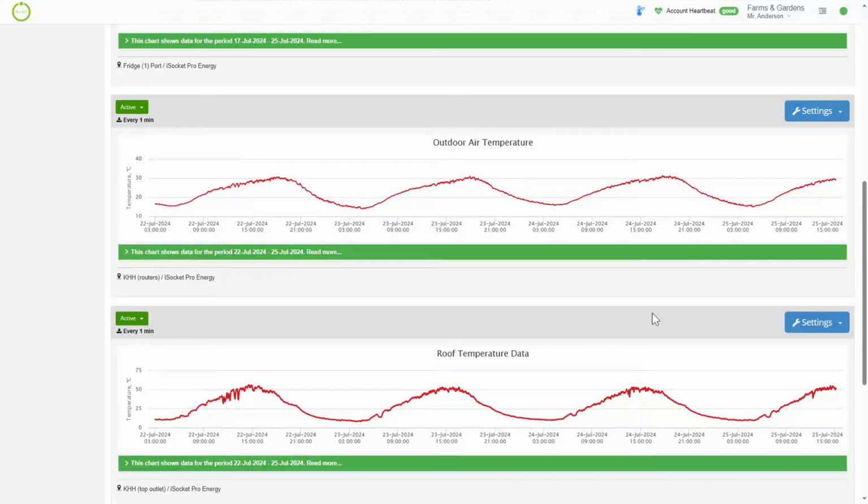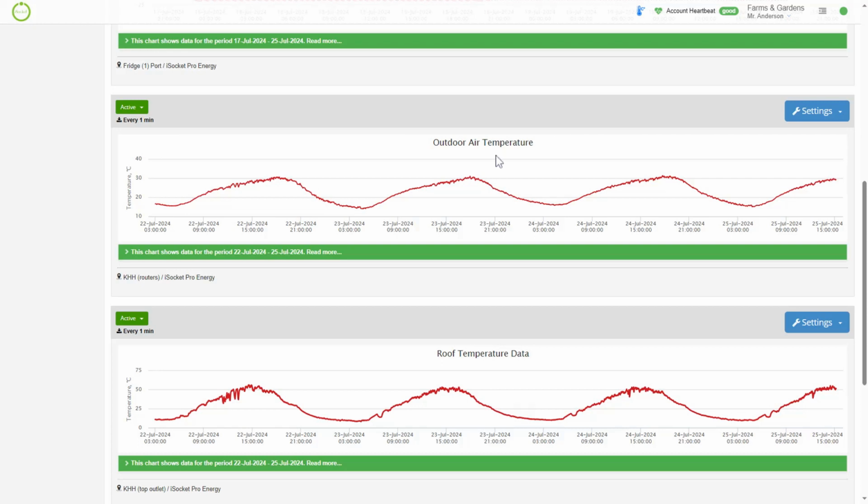Outdoor air temperature. So look, it's like that, quite a normal profile for the last 3 days. Like in Finland, we have 28, sometimes 30, and this sensor is located in the right position, in the shadow, like it should be.